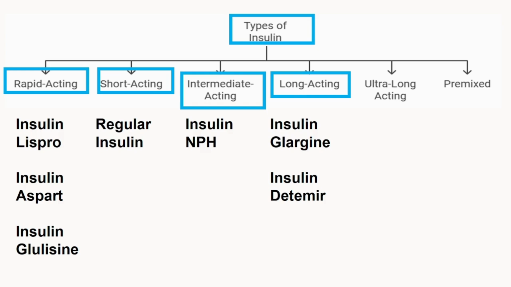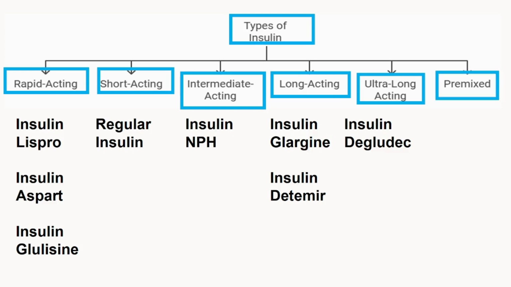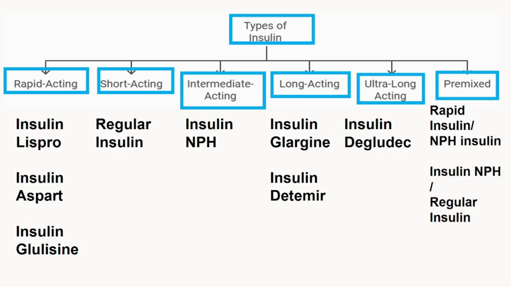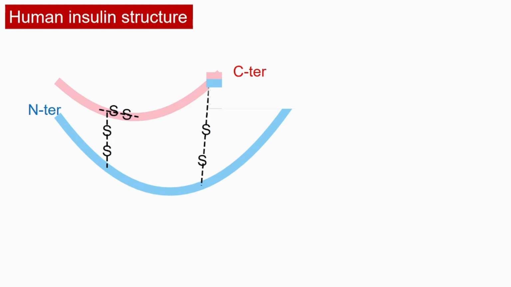Long acting insulins are insulin glargine and insulin detemir. Ultra long acting is insulin degludec, and there are premixed insulins with rapid insulin with NPH and also regular insulin with NPH combinations.